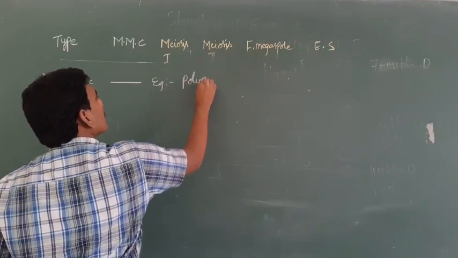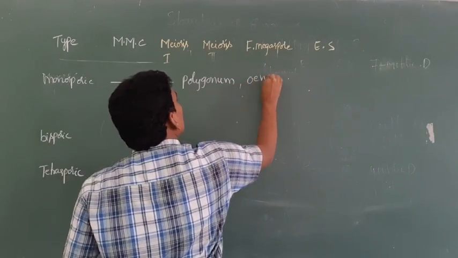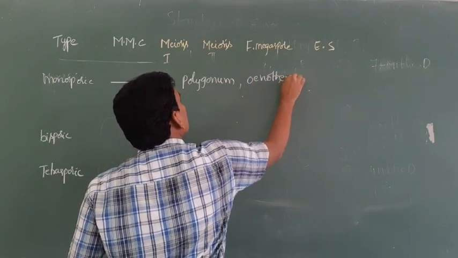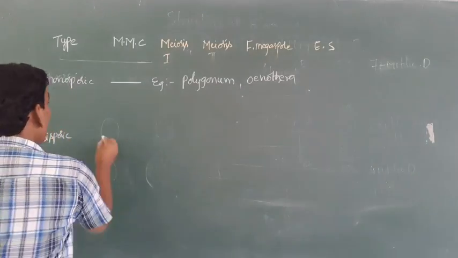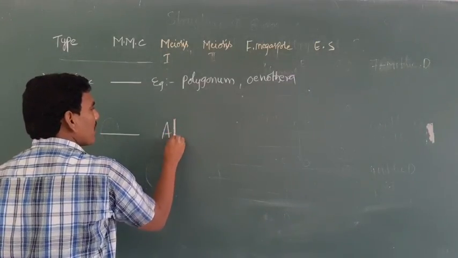Polygonum, and one more is called Oenothera. Bisporic type of example, Allium cepa.